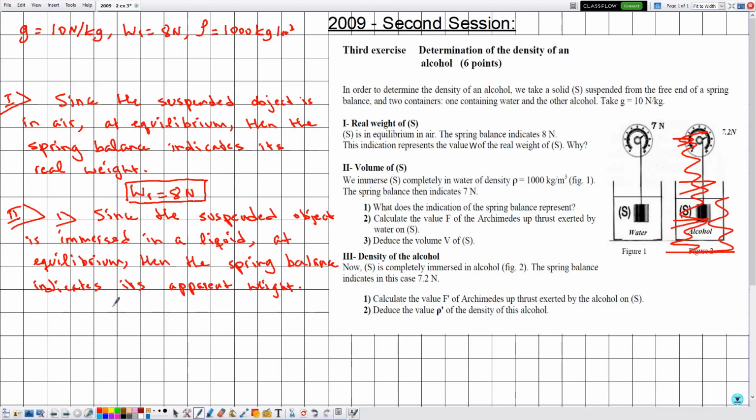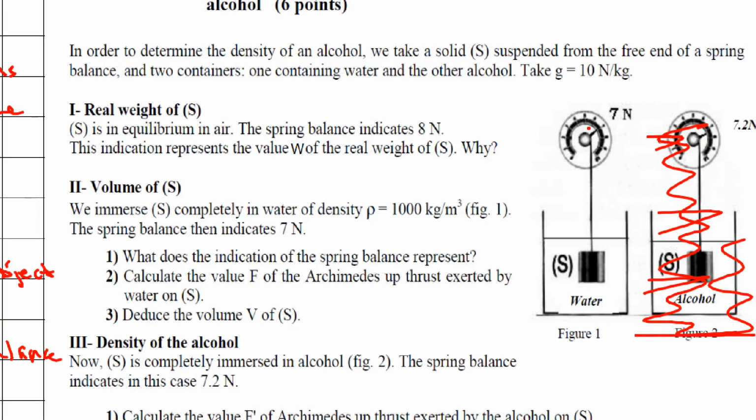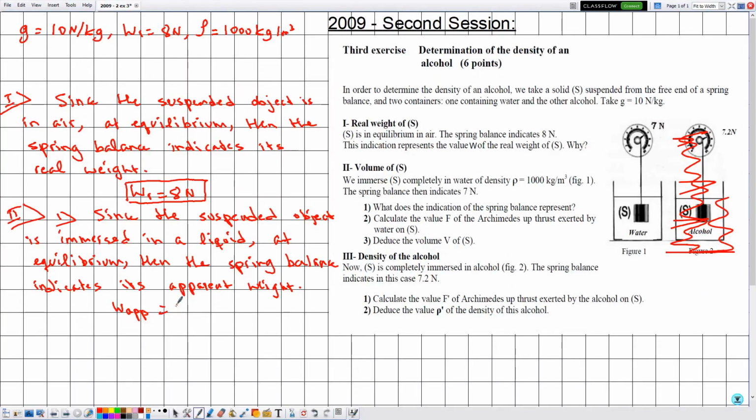Then the apparent weight in this case is given by the indication of the spring balance, which is 7 newtons.